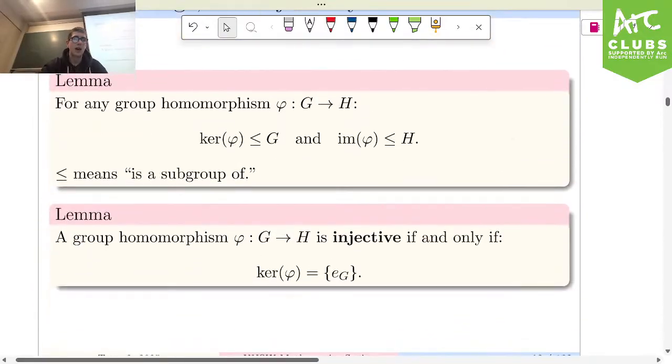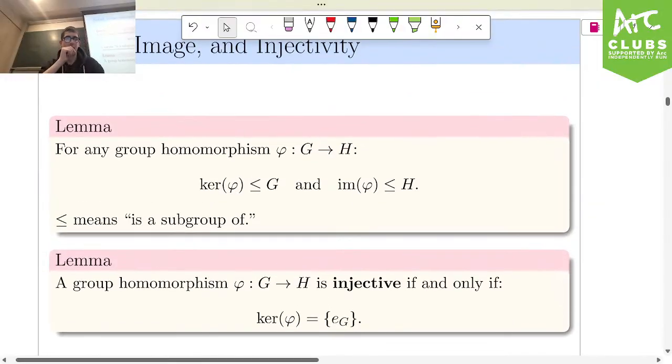Okay, so we have a lemma that says that the kernel is a subgroup, and likewise the image, which is quite convenient when we work with them.